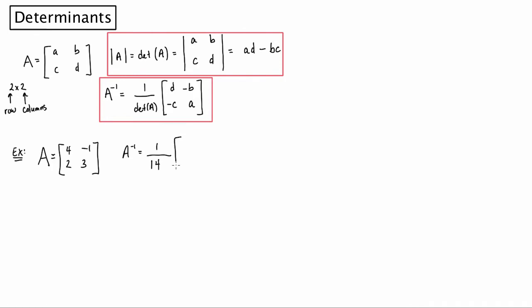So the matrix now is switch the 4 and the 3, and then negate the off diagonal, which basically just means switch their signs. Then if I put it all into one piece here, I'd have 3/14, 1/14, -2/14, which is 1/7, and 4/14, which is 2/7. And so this would be the inverse matrix.